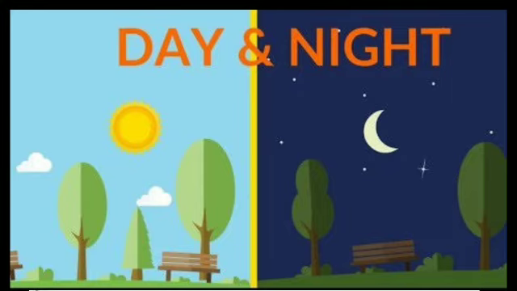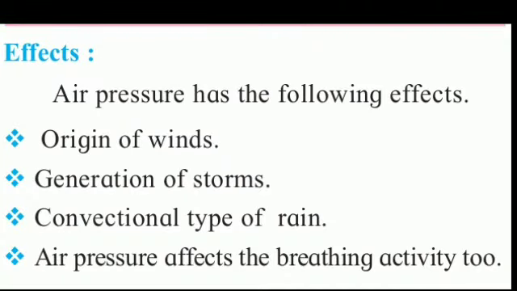Okay, let's see what we have next. Next we have the effects of air pressure. Let's see. Air pressure has the following effects. First, origin of winds, generation of storms, convectional type of rain.